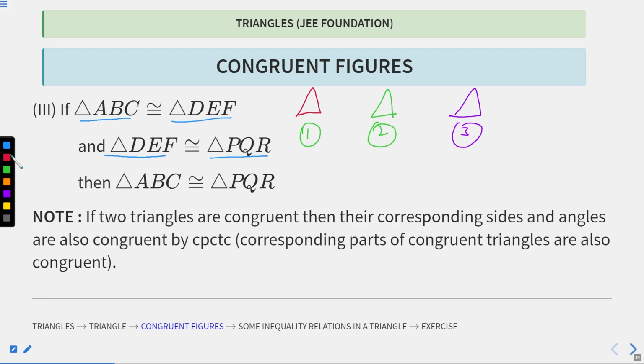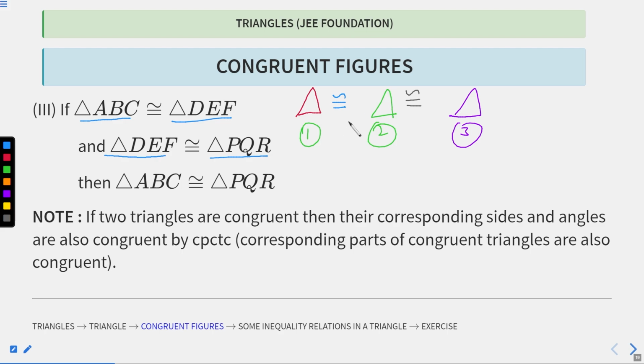At first we are saying that both the red and the green one are congruent to each other, and next we are saying that the green one and the purple one are congruent to each other. I hope you are understanding now.